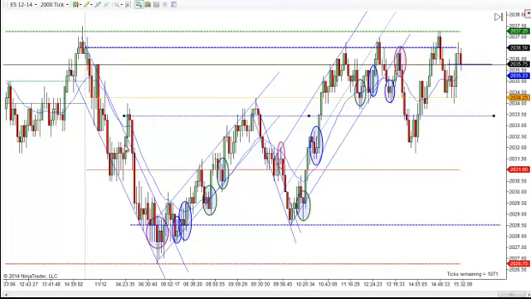It did back up and trade back down, but for whatever reason, those areas right there acted as support and resistance, and all your closes are, for the most part, below or above that level. That's a good indicator that there's some kind of important price level there, and that happens to be at 2032.50. So just something to make note of and try to remember when you're looking for these spots.